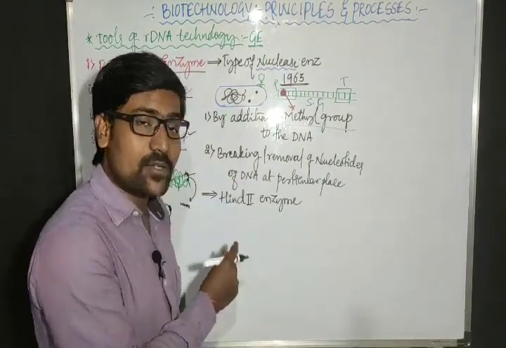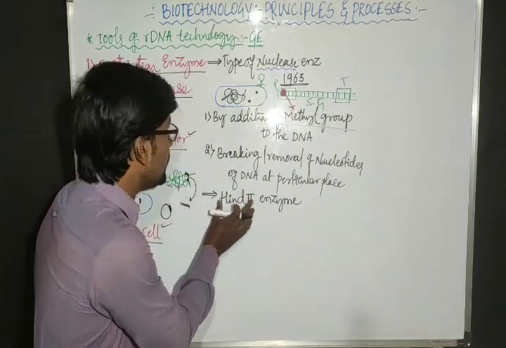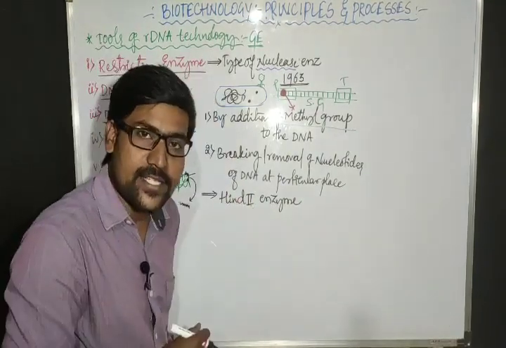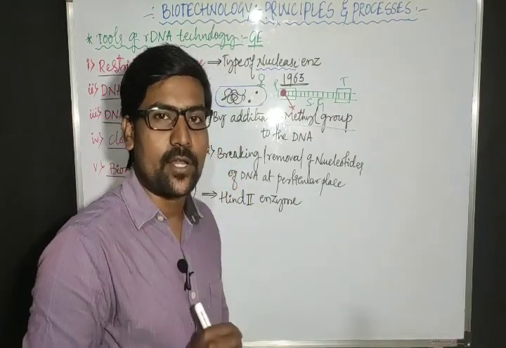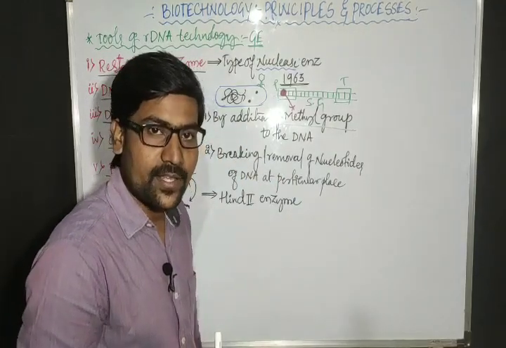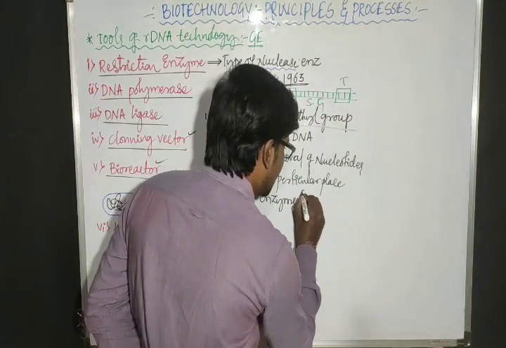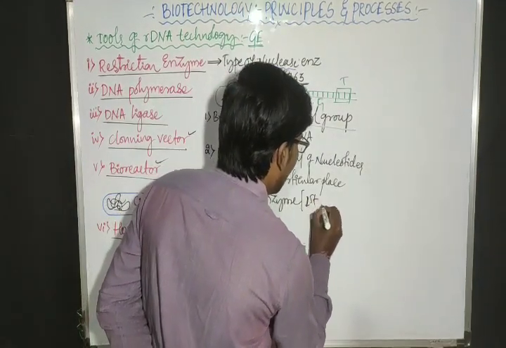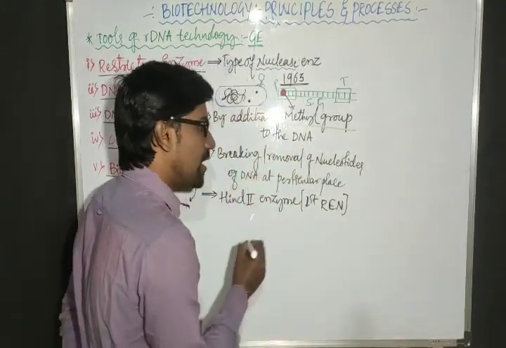I will tell you what is the full form of HindII. So HindII is the first restriction enzyme, and its work is breaking the DNA at a particular place or removal of nucleotides at a particular place. And what is this enzyme's specialty? First REN. It is the first REN.